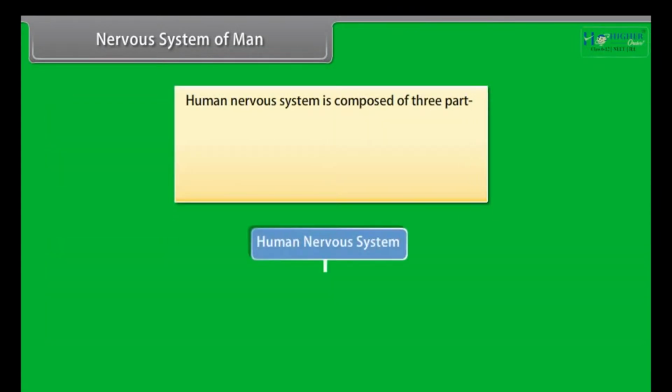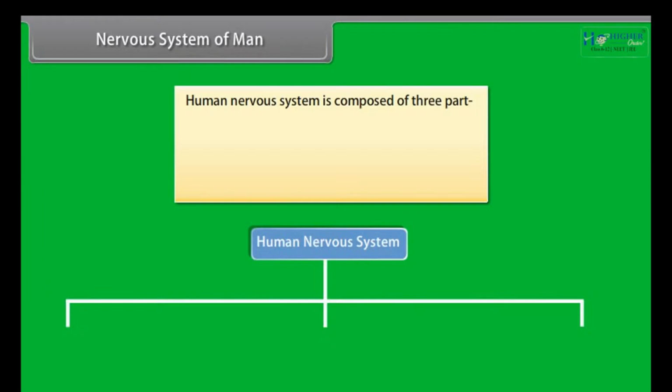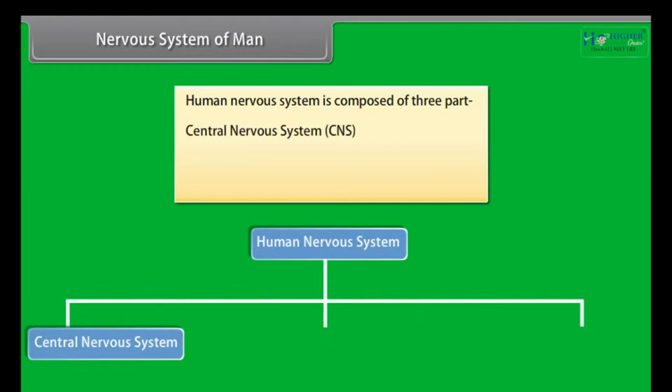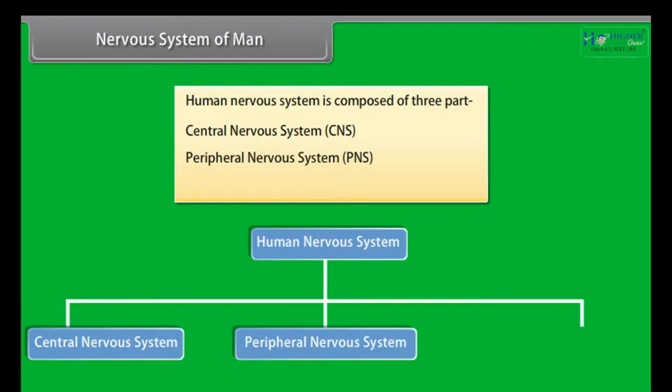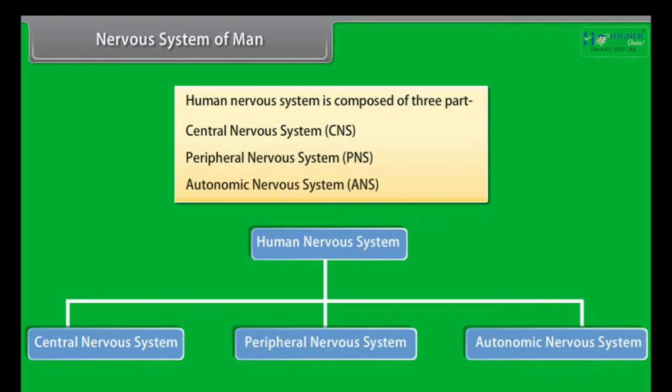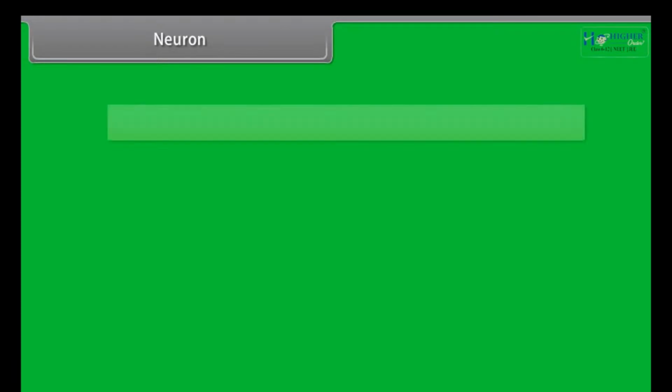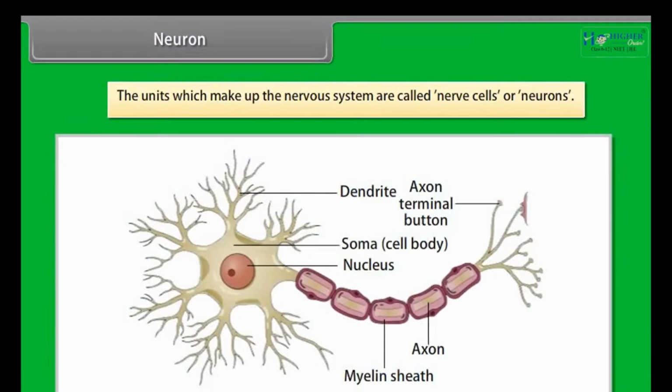Human nervous system is composed of 3 parts: central nervous system, CNS, peripheral nervous system, PNS, autonomic nervous system, ANS. Neuron. The units which make up the nervous system are called nerve cells or neurons.